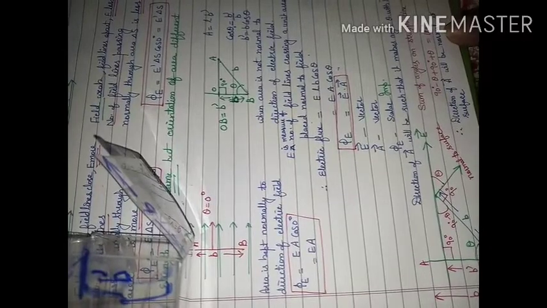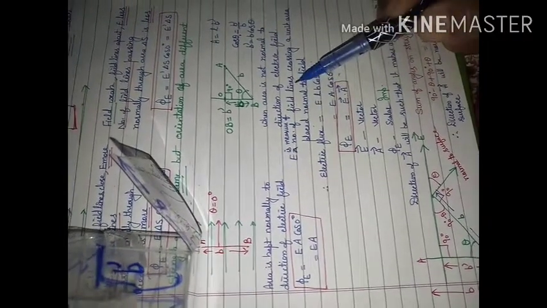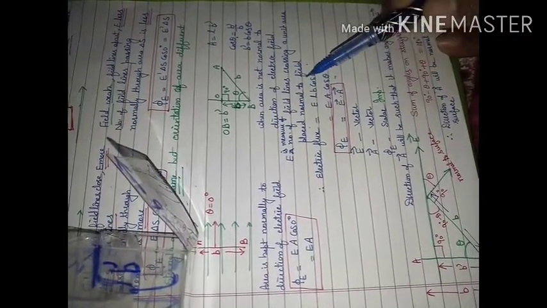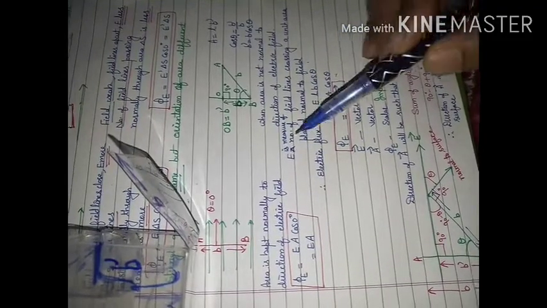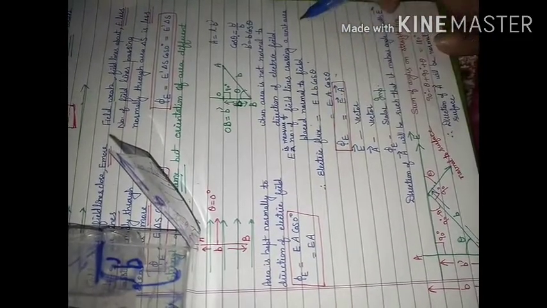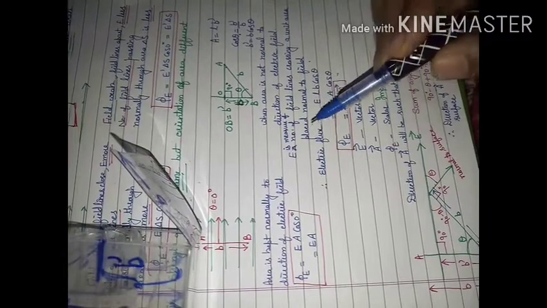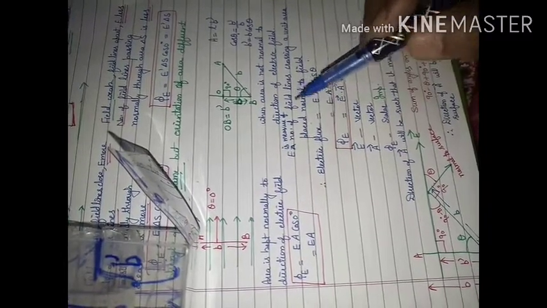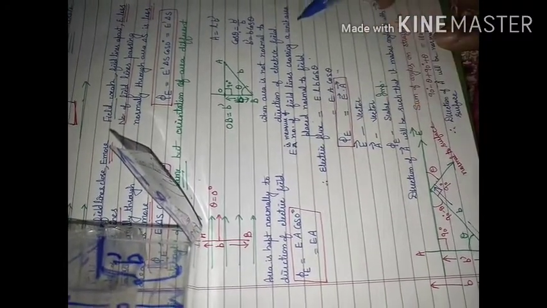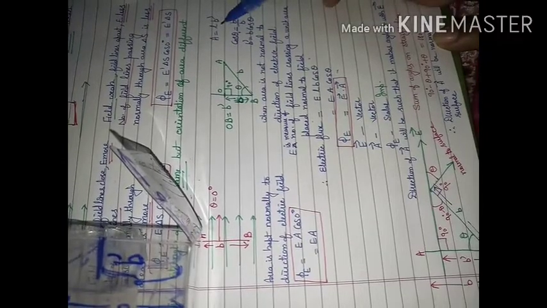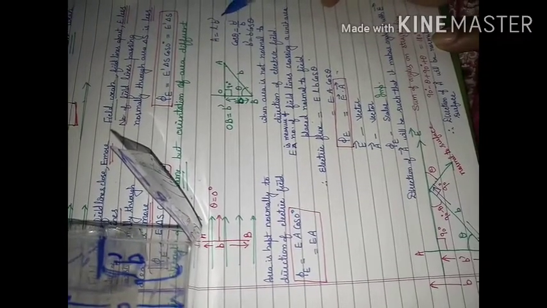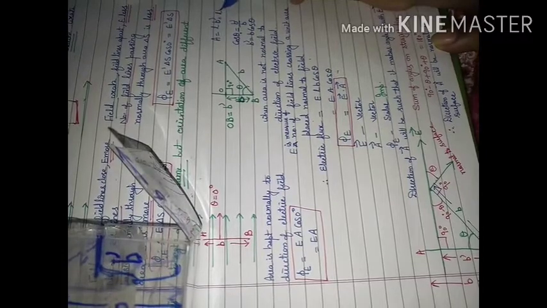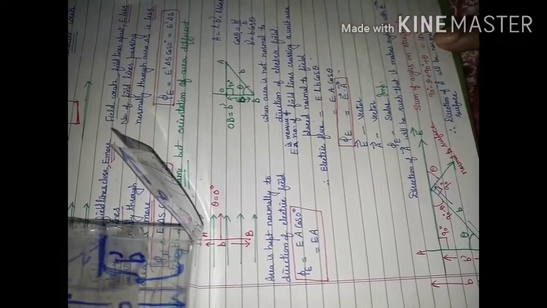If area is unity, the number of field lines crossing through it normally or perpendicularly I will represent by E. Now how much area do we have here? Area is LB dash, or area is going to be LB cos theta.